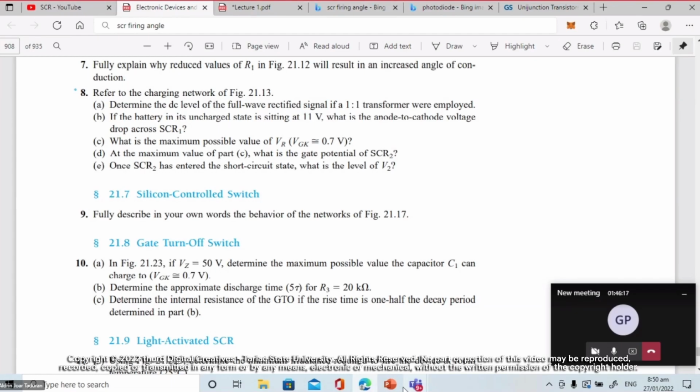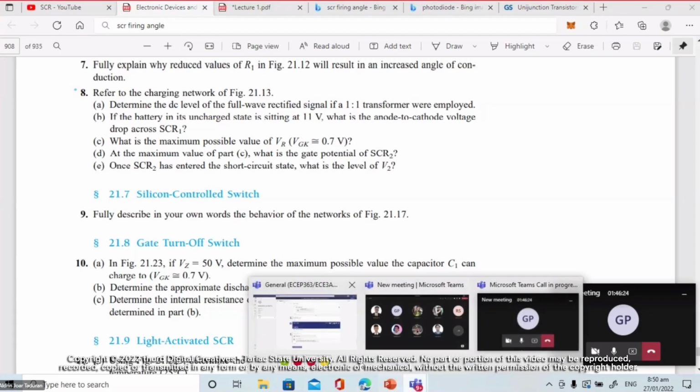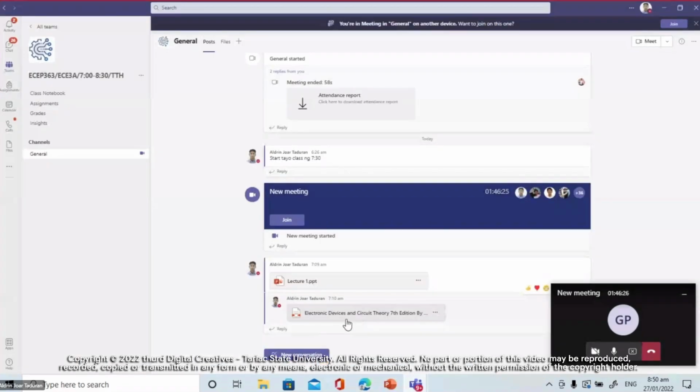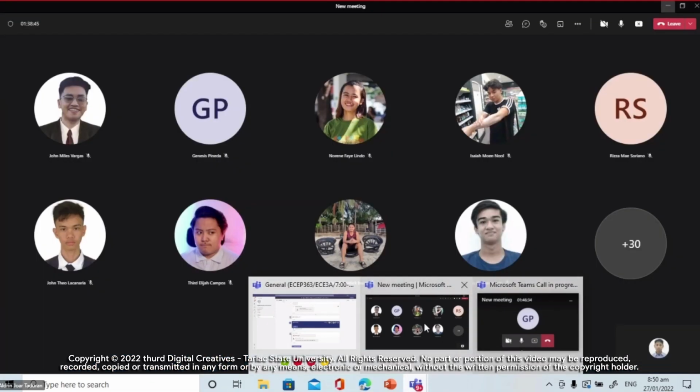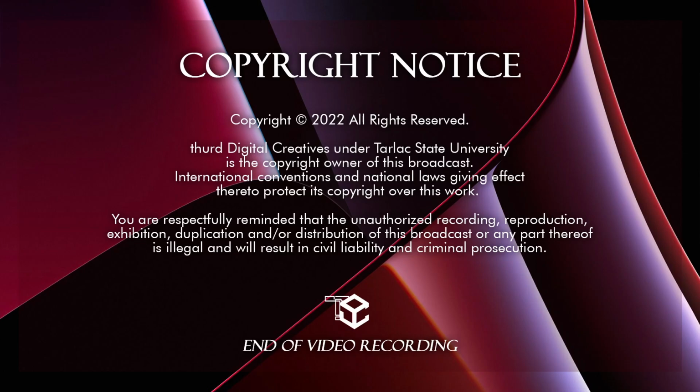Ito kasi more on terms lang siya. Pero we can do advanced reading na kasi in-upload ko na dito sa class yung PDF natin. 7th edition pala to. Yung dini-discuss ko 10th edition. So medyo iba pala yung PowerPoint. So yun lang.